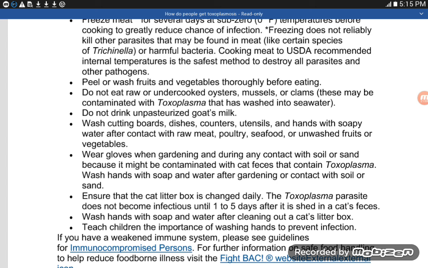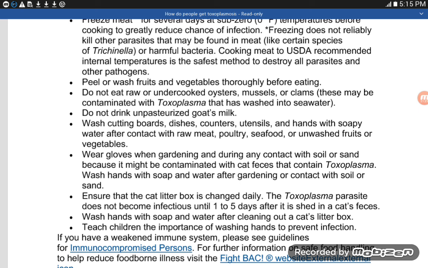Otherwise, if the soils or the sands contain Toxoplasma, especially from cat feces, it may transmit to the workers, right?